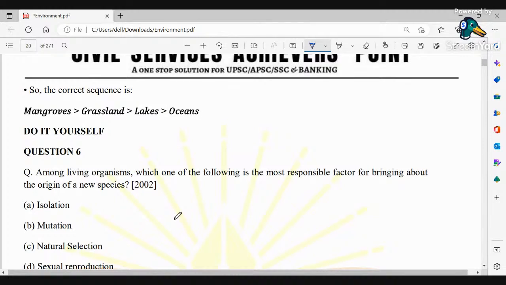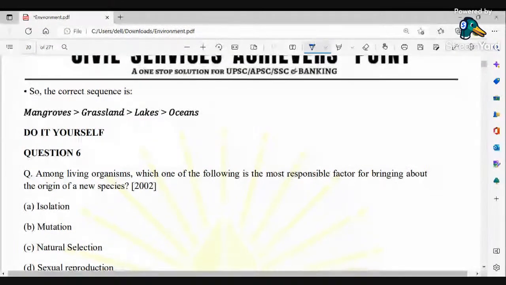Among living organisms, which one of the following is the most responsible factor for bringing about the origin of new species? You have the options: isolation, mutation, natural selection, and sexual reproduction. Anyone with the correct option?